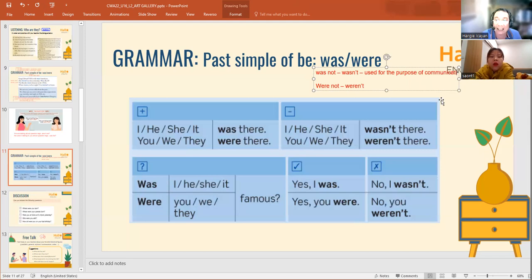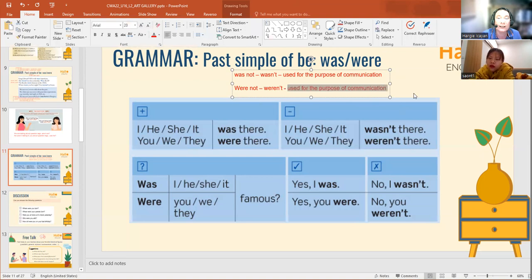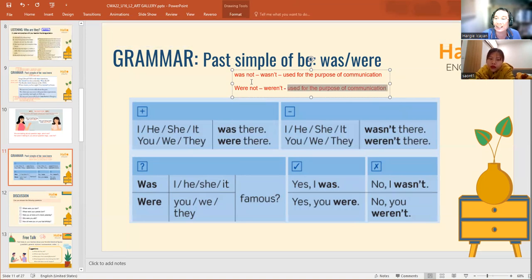In writing, we use the uncontracted form, but in speaking, as much as possible, we use the contracted form. For example, if you're writing to your friend, you can use was not.